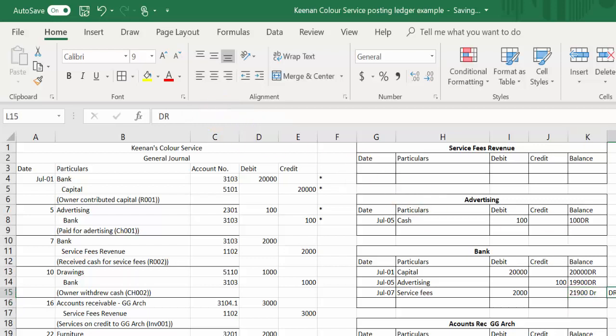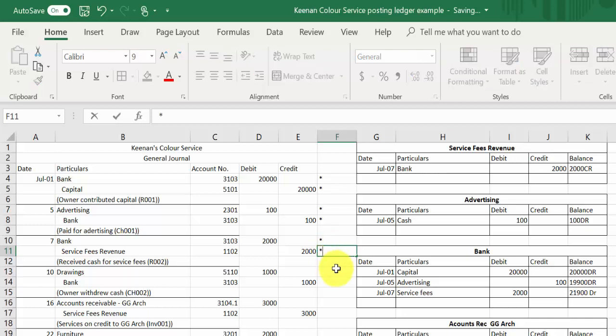Now I've done that particular entry, and I must now also enter the service fee revenue of $2,000. So that's the account up here, July the 7th, service fee revenue. The cross-reference is bank. It's a credit item, $2,000, which has got a credit balance of 2,000. So I've done that one as well.